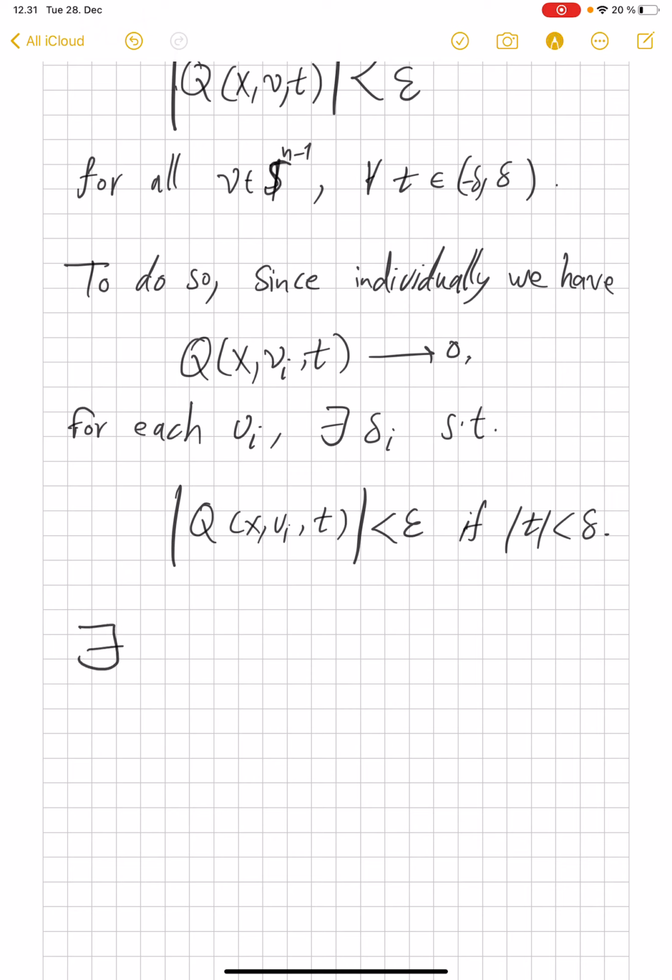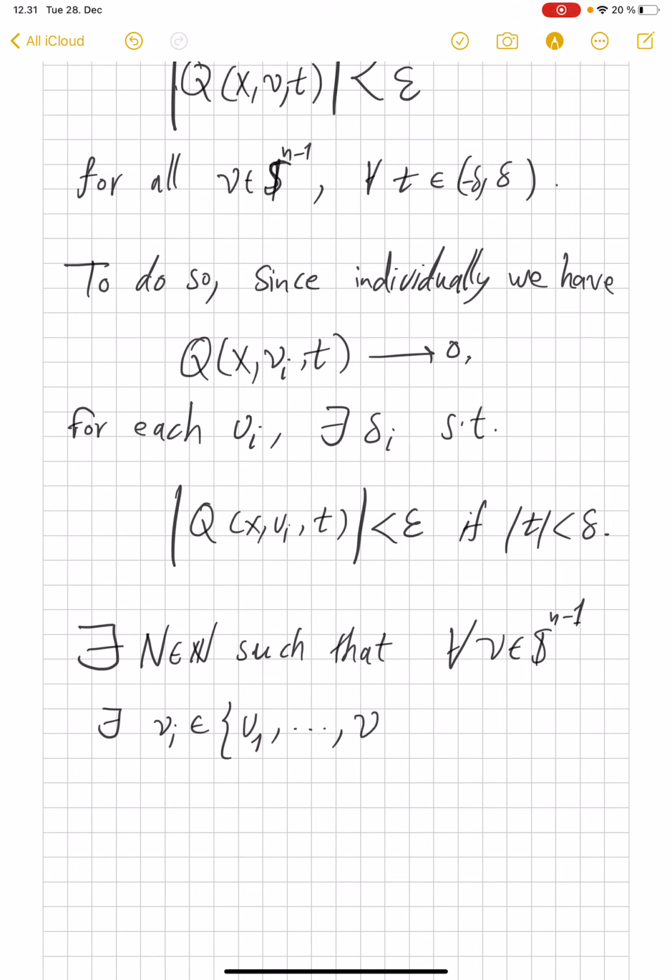There's also this observation that there exists some capital N such that for every v in S^{n-1}, there exists some vi, not too late, among the list v1 to vN, so that means in finite time we can find a vi that very well approximates this v.